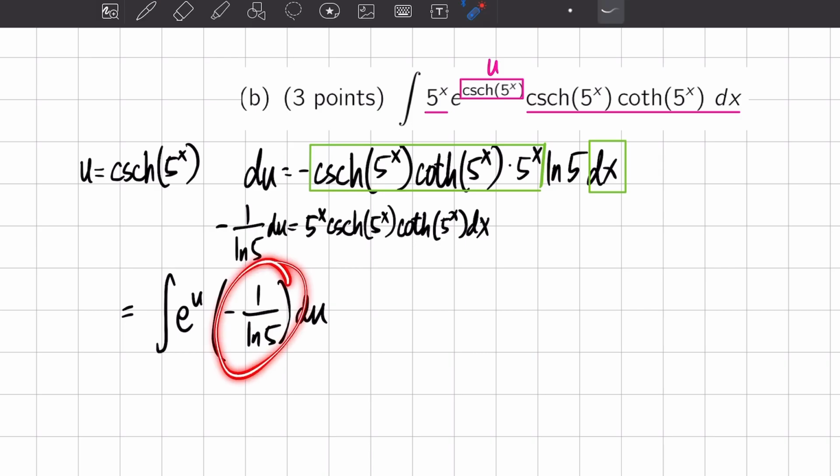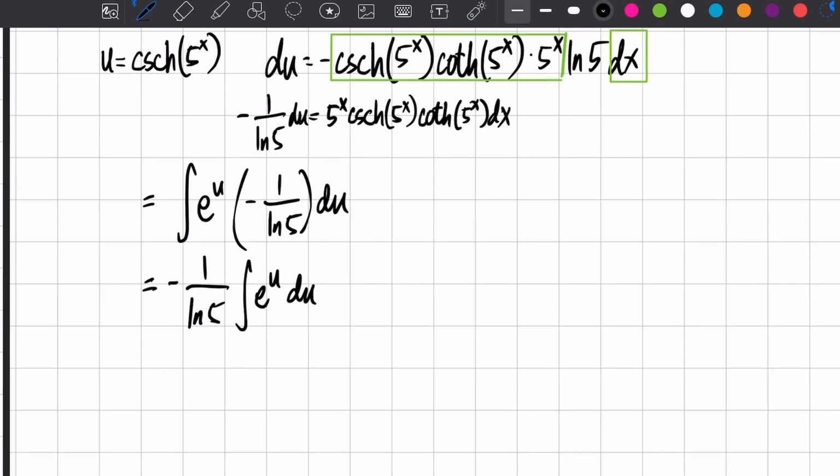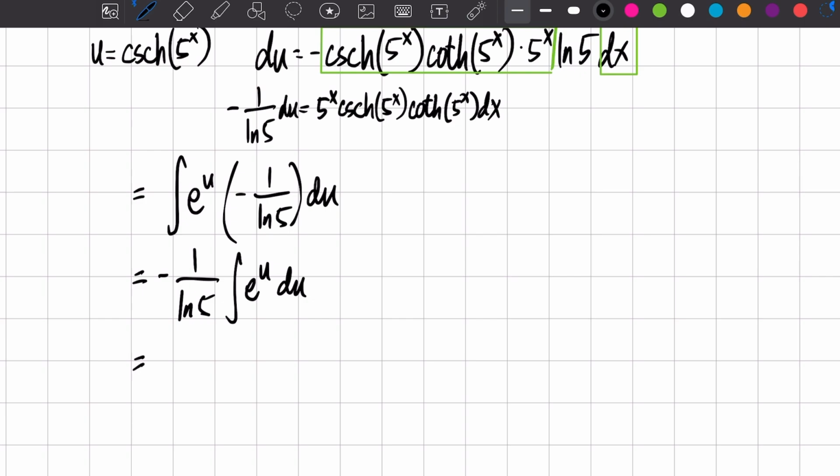And since this is a constant multiple, we can put this outside. So we have negative 1 over ln 5 integral of e raised to u du. And the integral of e raised to u is just itself. So we have negative 1 over ln 5 e raised to u plus your constant c.